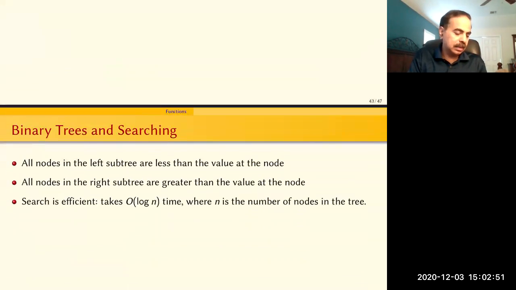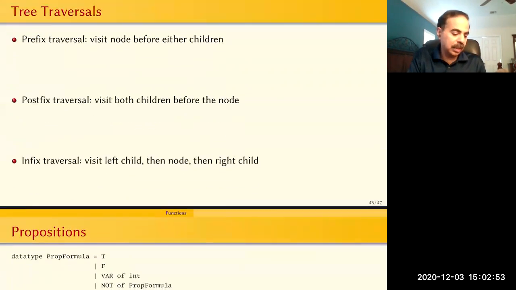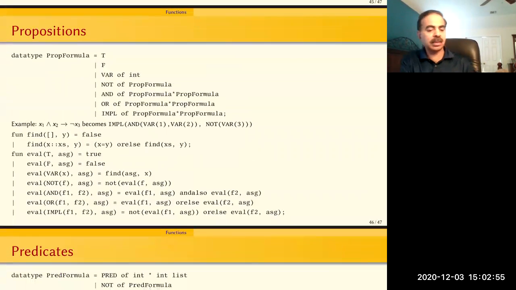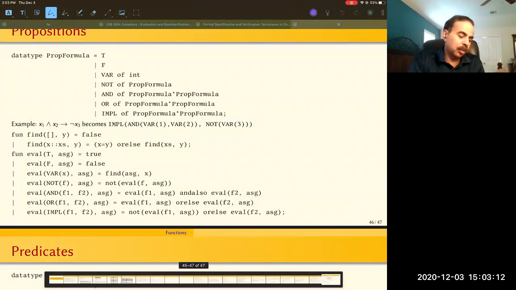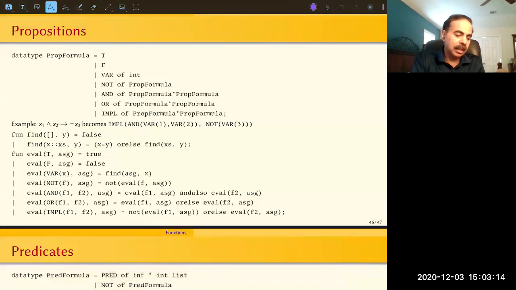So this feature for capturing data structures is quite flexible, and it can be used to represent many other things that we have studied in this course, such as propositions.